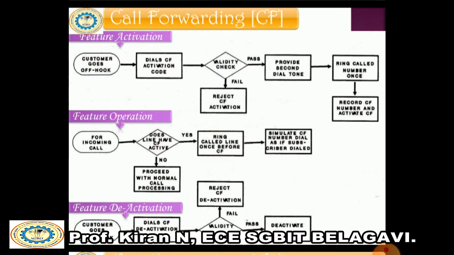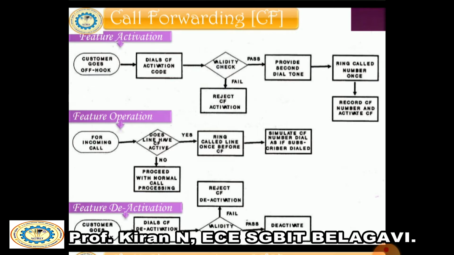This is one of the features available to connect a subscriber when he is in off hook condition or because of any network failures. The next point is feature operation.